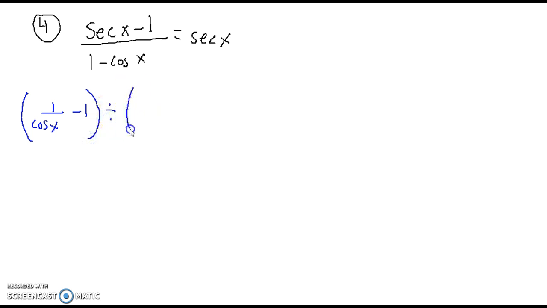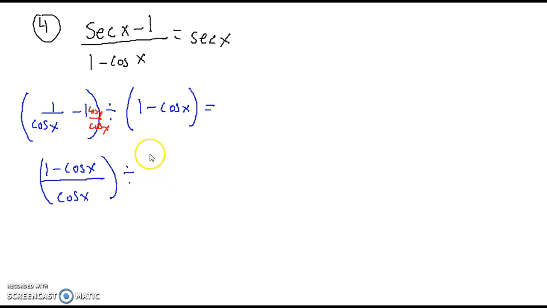Put a little division sign and 1 minus cosine of x. Common denominator, so if I make this be a common denominator, I'd have to multiply the 1 by cosine of x. So this will be 1 minus the cosine of x all over the cosine of x, combine like terms, again, and divided by 1 minus the cosine of x.